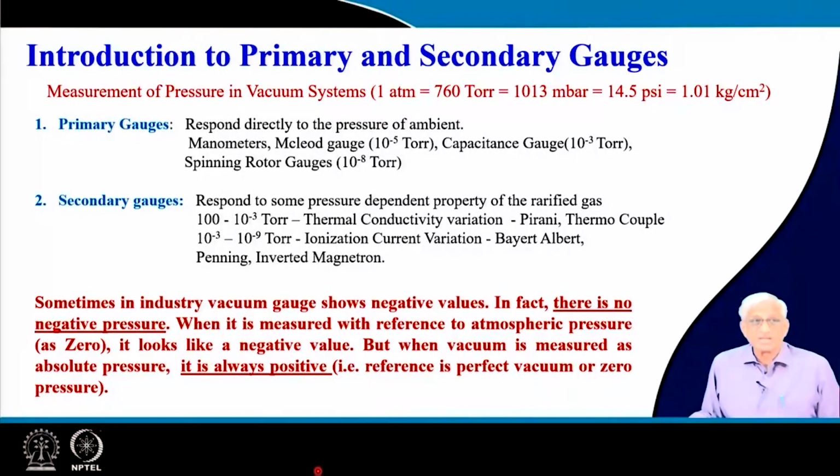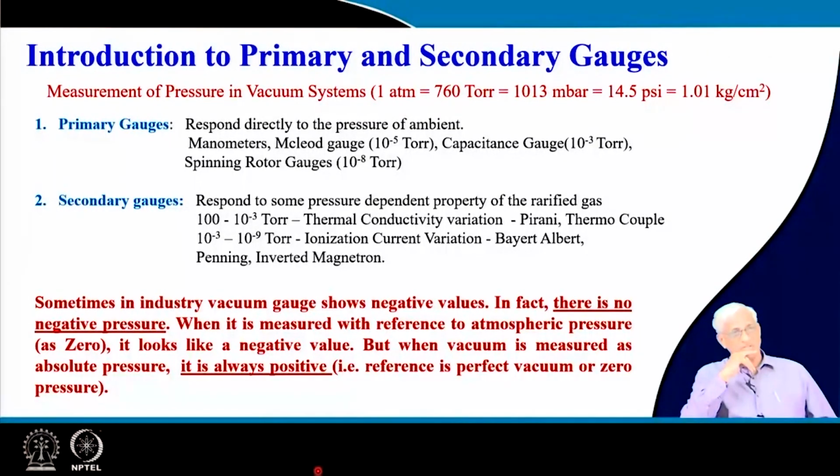Secondary gauges do not respond directly to the pressure. They respond to some physical property variation due to pressure change. If pressure is changing, that property is changing, and we are measuring that property and correlating it with pressure changes.